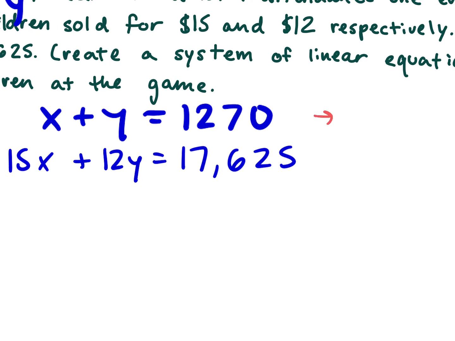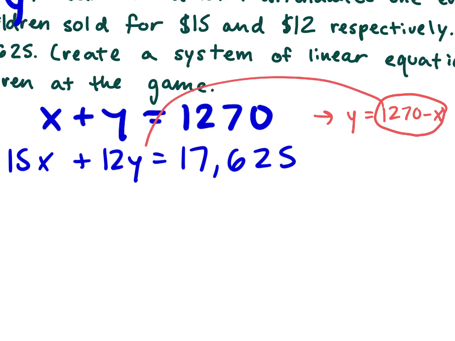So I'll set this equation in terms of y. So y equals 1,270 minus x. So now I have y is equal to this, and I'm going to plug it into y in my other equation. So 15 times x plus 12 times y is 1,270 minus x is equal to 17,625.